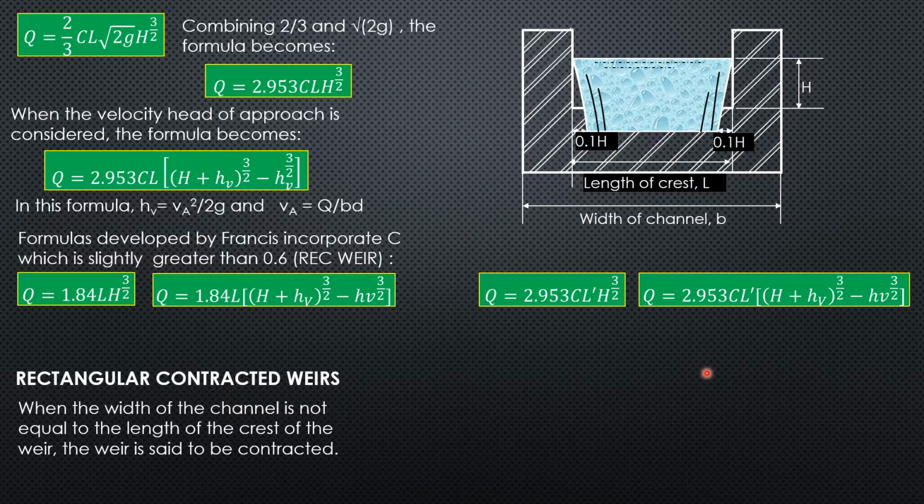And L prime here is L minus 0.1 NH, where N is the number of end contractions. So the number of end contractions for rectangular weir is maximum 2, but it can also be 1. When N is 0, it is a suppressed weir, of course. So that's it for rectangular weirs.